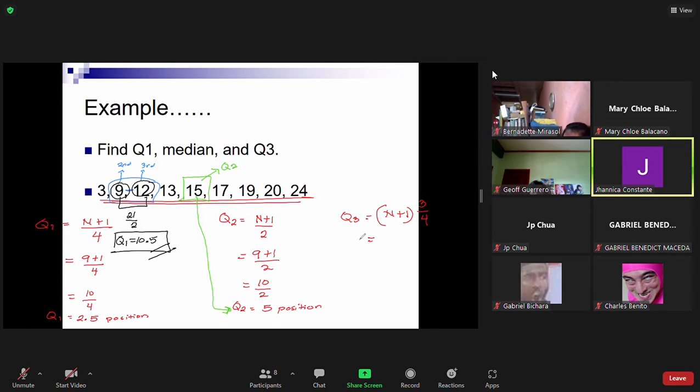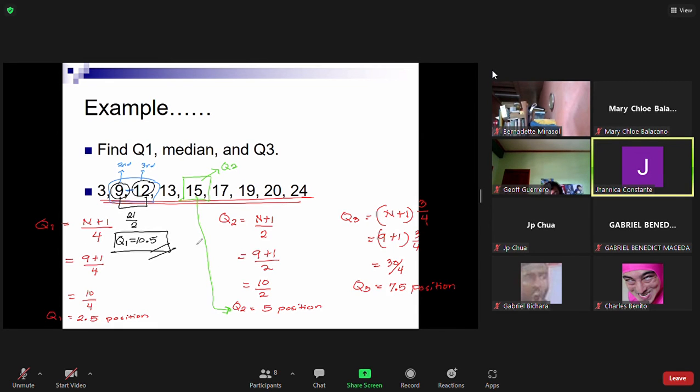So the same number of data that we have, which is 9 plus 1 multiplied by 3/4. So we will be having 30 divided by 4, which is equal to 7.5. So quartile 3 is in the position of 7.5.